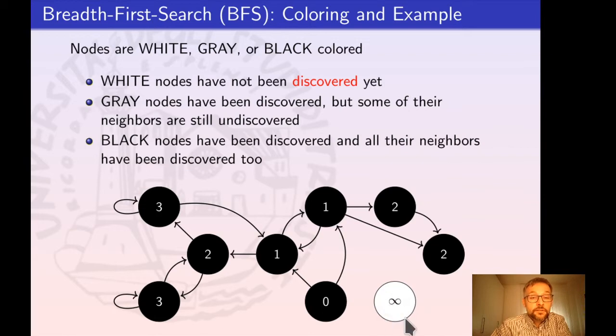This basically means that this node is not reachable from the source. Okay, so once I finish coloring black all the gray nodes, I can conclude that everything has been done. All the possible nodes reachable from the source have been reached, and this node is not reachable.